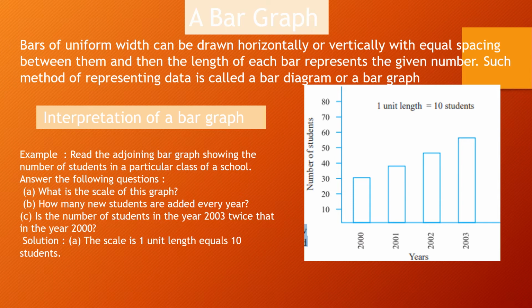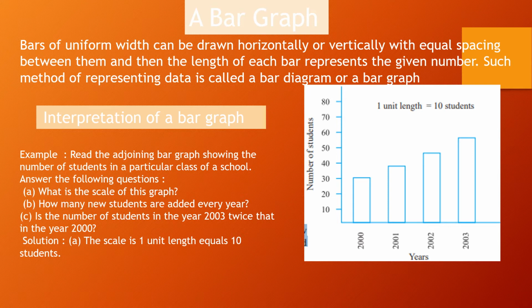Here on the vertical axis, the number of students is shown as 10, 20, 30, 40 like that. From this, we can choose the scale of the graph, that is, the scale is 1 unit of length equal to 10 students.